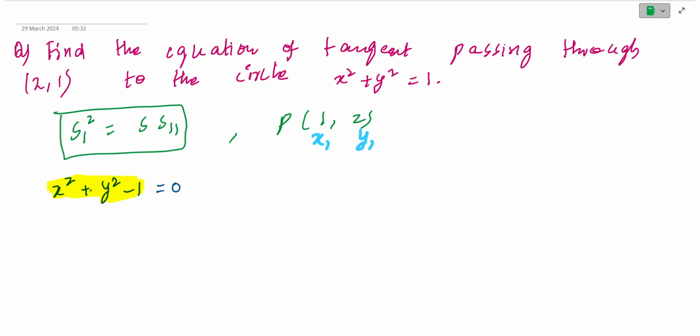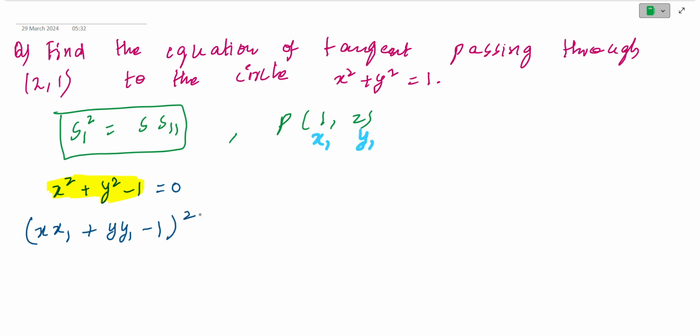Okay. So S1 means, x square can be written as x into x1, plus y square can be written as y into y1, minus 1. For that, whole square is there.